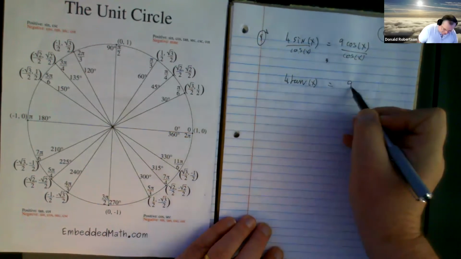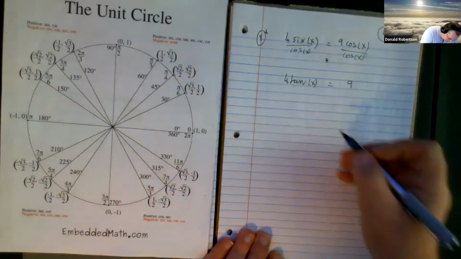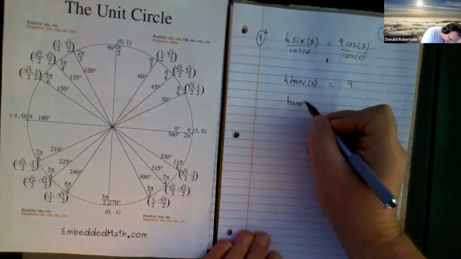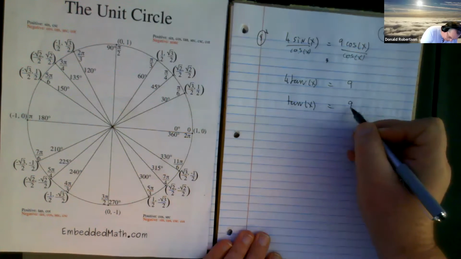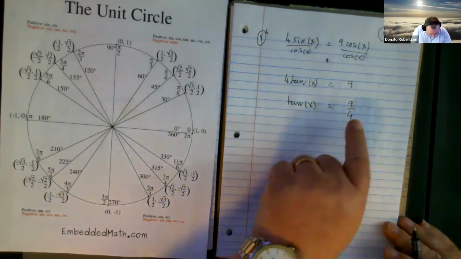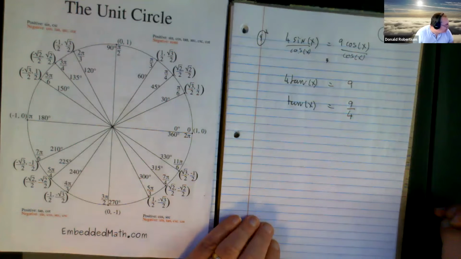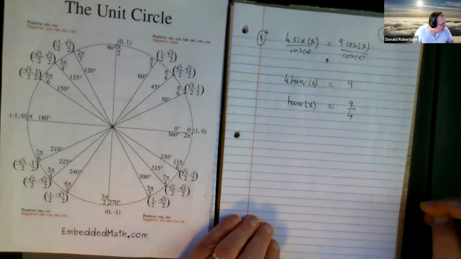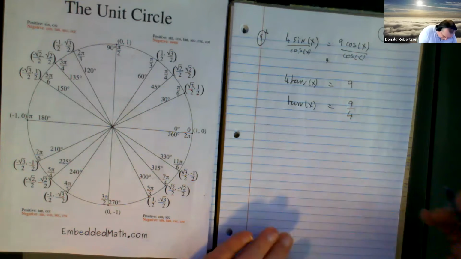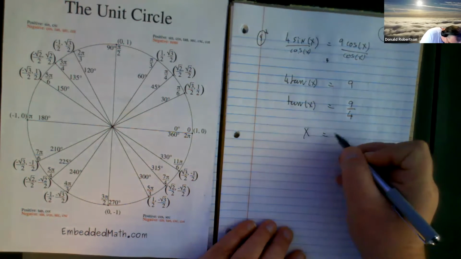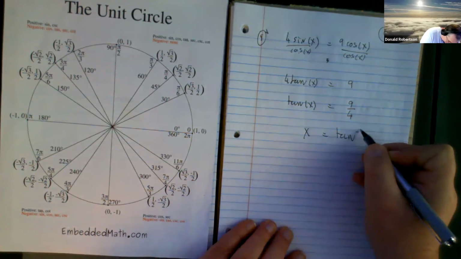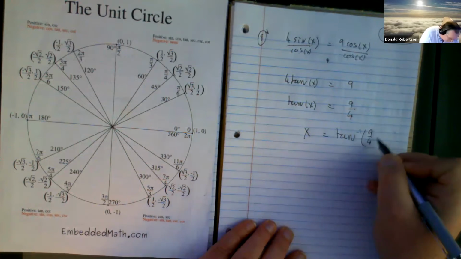And it's equal to 9, right? And then you can divide both sides by 4. And I know that's not in a unit circle, but that's okay because they said in this question, give your answer, whatever it is, to 5 decimal places. So x is simply just going to be the inverse tan of 9/4.